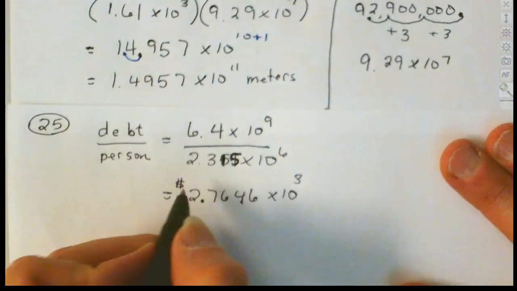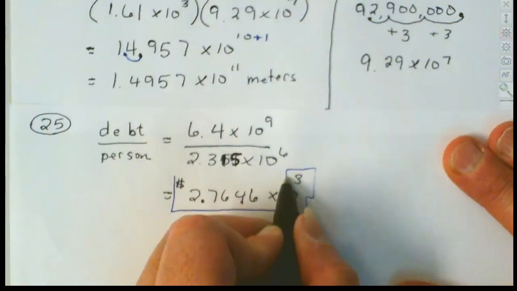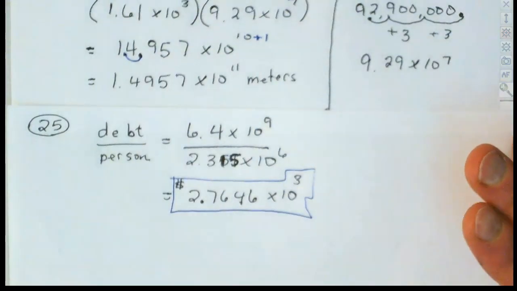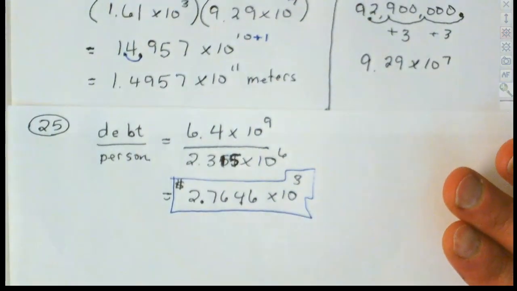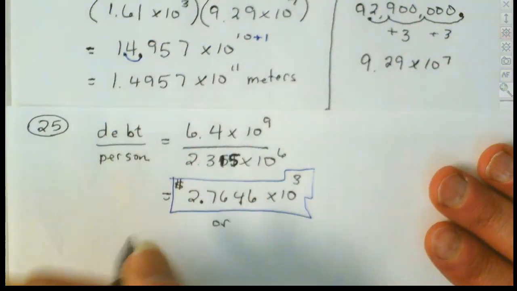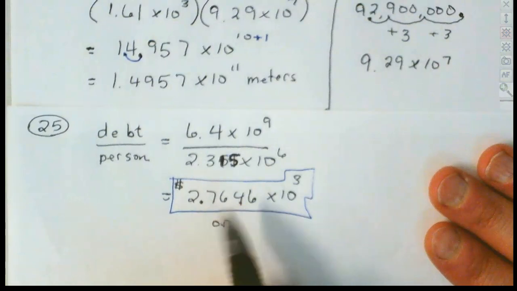I always like to convert it to make sure that it makes sense. So this is our answer in scientific notation, but let's convert this to standard notation. That's going to have to go back 1, 2, 3 places.